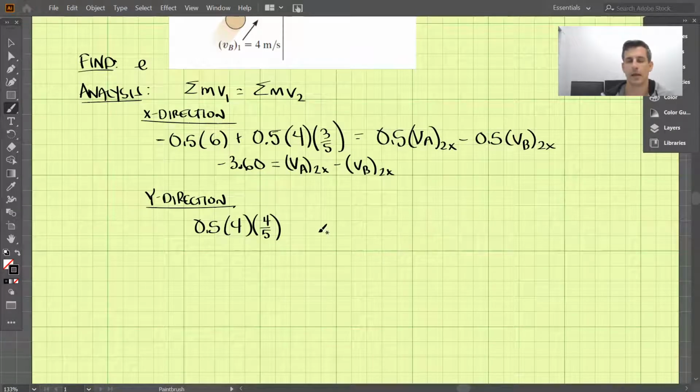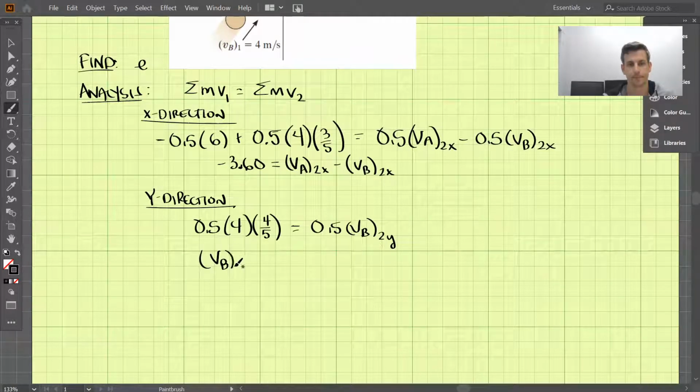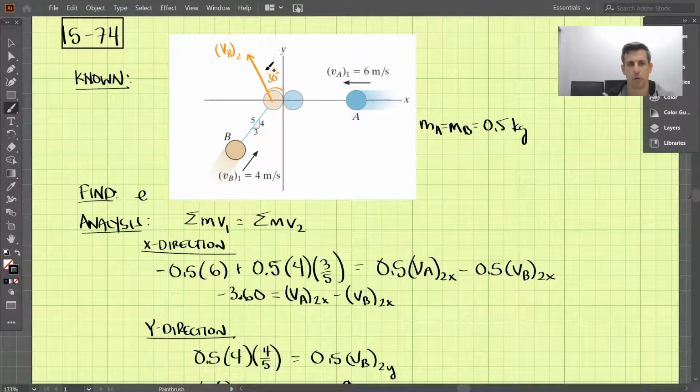Then afterwards, we still have a mass of 0.5, and we have VB after impact in the y direction. Solving for this, VB2y comes out to be 3.2 meters per second in the y direction. So that's the component in the y direction.